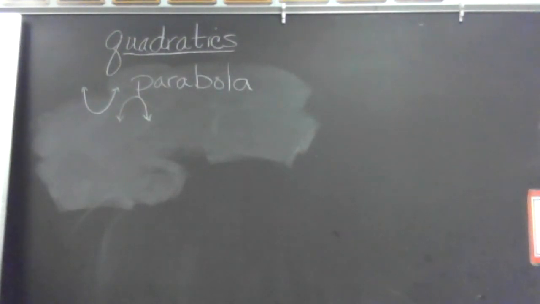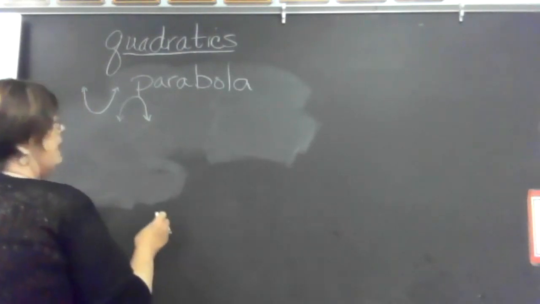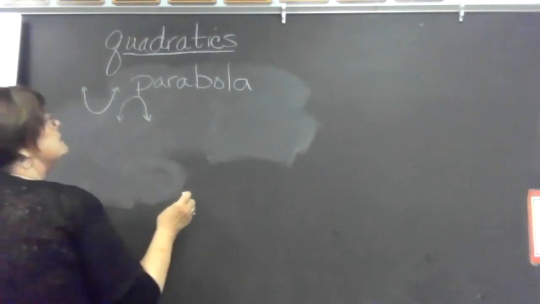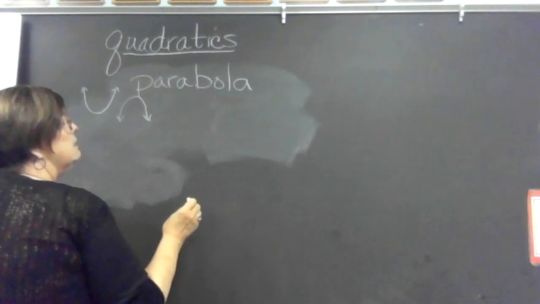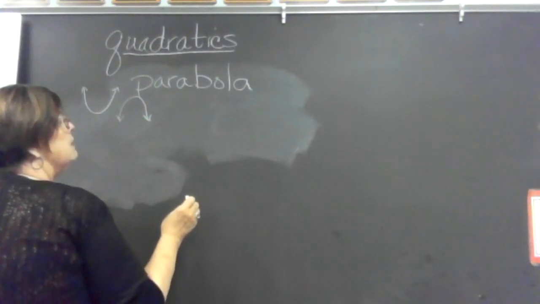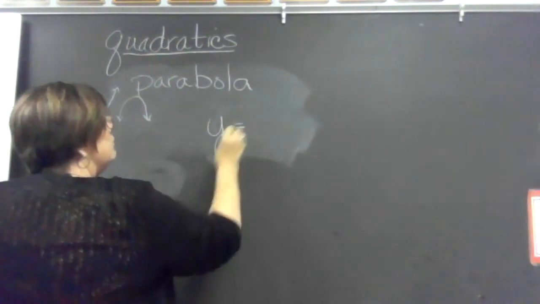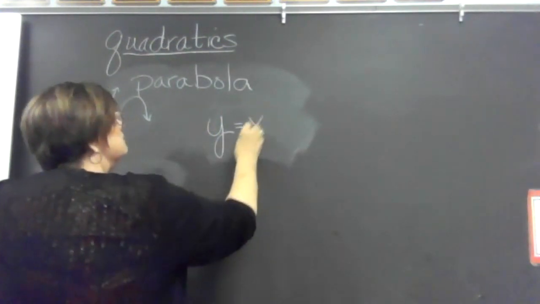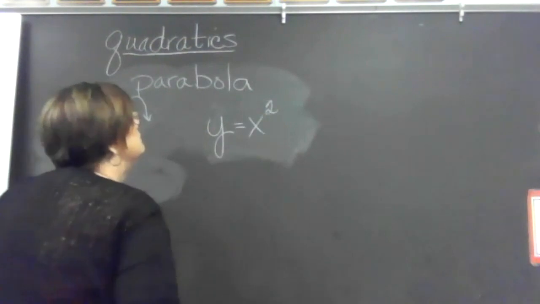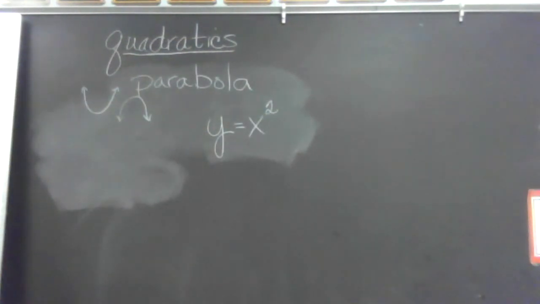Now, there is a parent function, and this is for you to have in your notes and refer to later. There's a parent function for a parabola, and this is going to be y equals x squared.